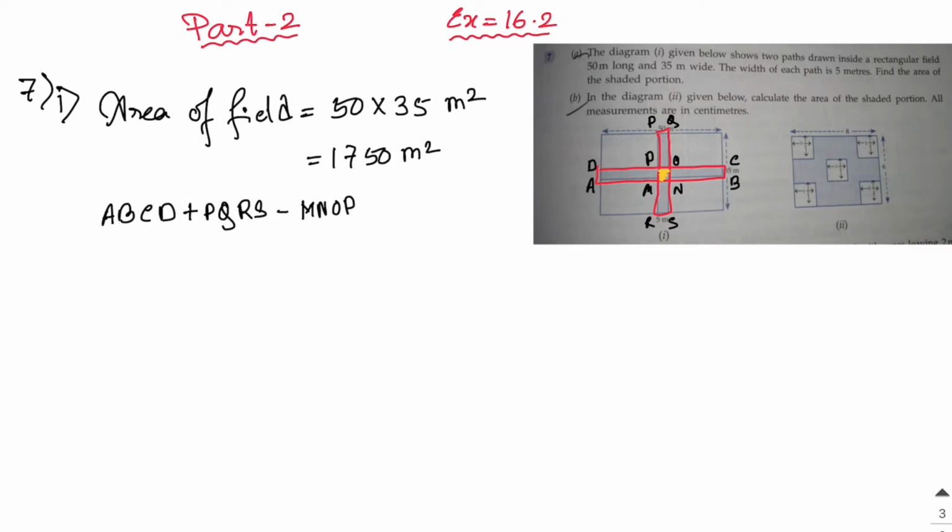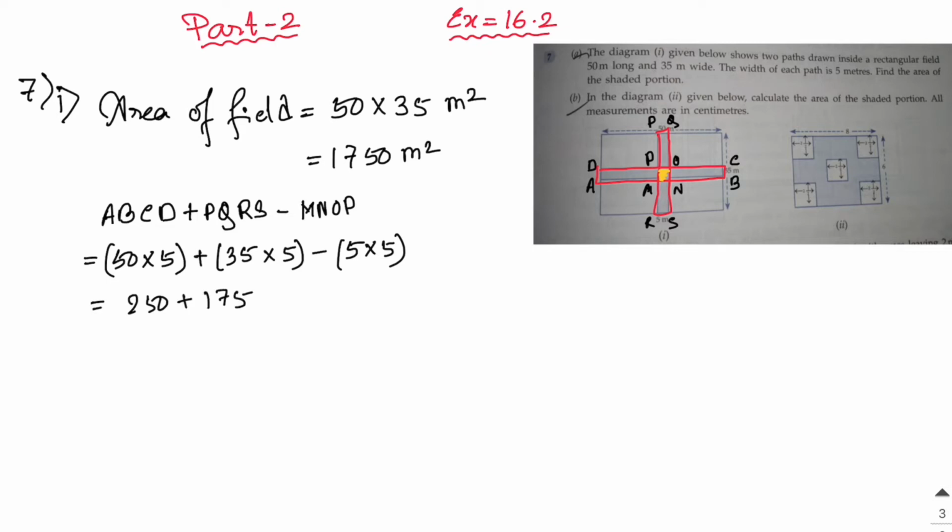So the area of ABCD equals 50 into 5, 5 is the width. Then PQRS is 35 into 5, and last MNOP is 5 into 5 because it's a square. So that equals 250 plus 175 minus 25, and that equals 400 meter square.